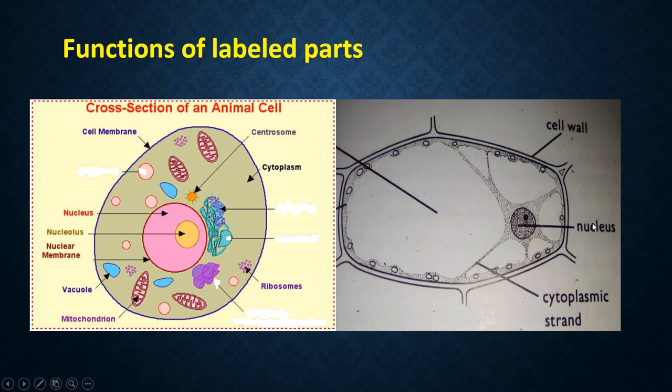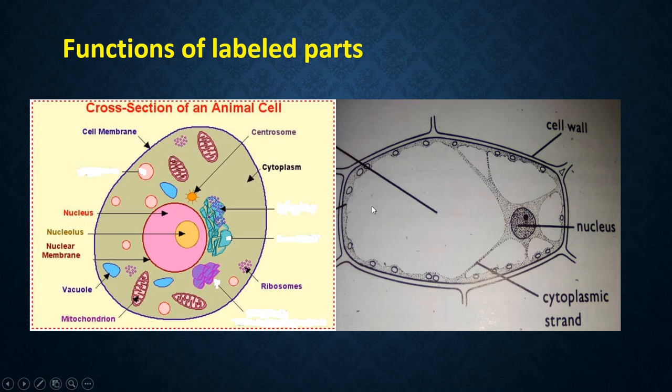The nucleus stores DNA, and this nucleus here, or the nucleus there, controls all the activities of a cell. Whatever the cell is going to do is controlled in plants by the nucleus, and in animals also by the nucleus. Then the cytoplasm, there is also cytoplasm here.